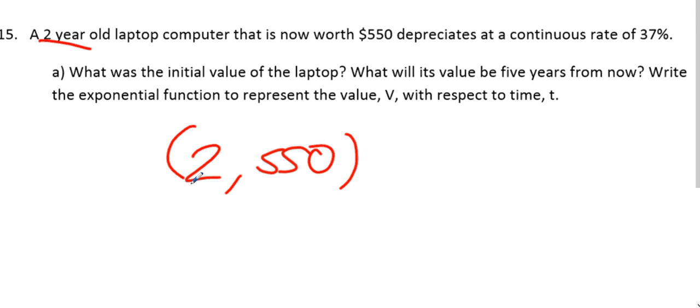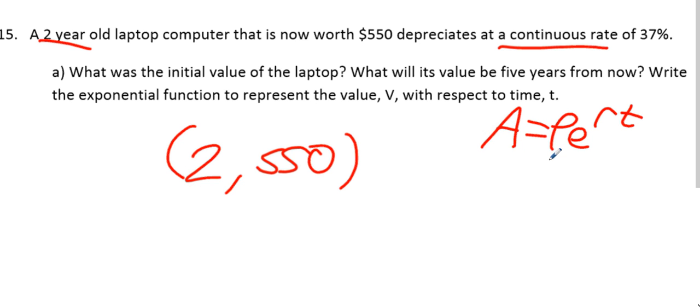It depreciates at a continuous rate of 37%. There's a few details here. First, continuous means that we're using the A equals Pe to the rt, or N equals N naught e to the kt, or whatever formula you write of that form.